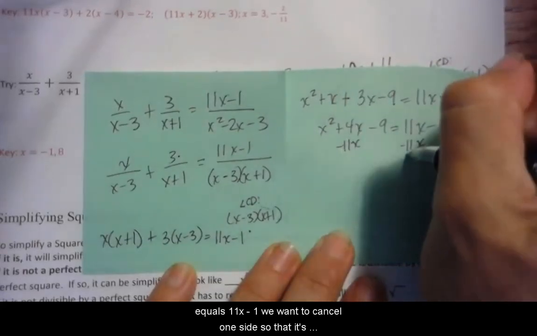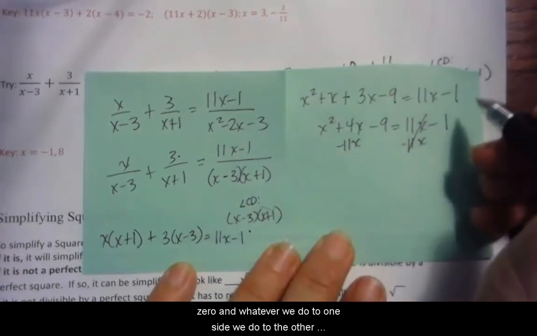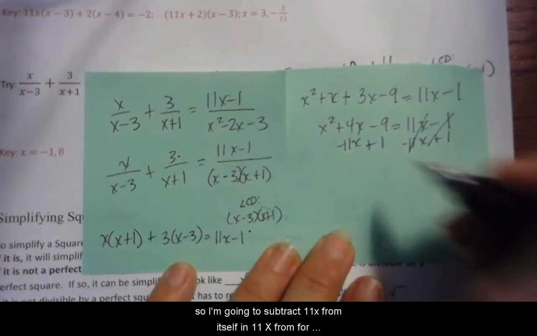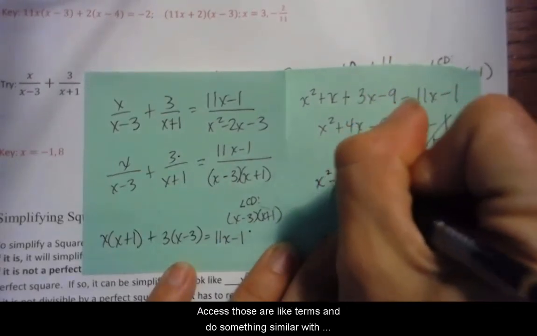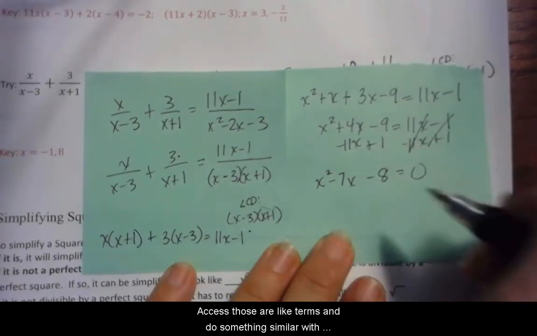So I'm going to subtract 11x from itself and 11x from 4x, since those are like terms, and do something similar with that 1. And now I have 0 on the right, and on the left I have x squared minus 7x minus 8.